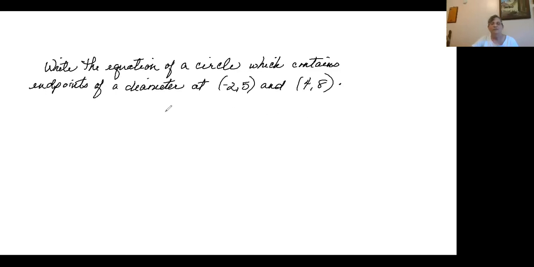Okay, now we're in a mess, because in order to write the equation of the circle, which is going to be in the form x minus h squared plus y minus k squared equals r squared, we've got to have the center, h and k, and we've got to have the radius, r.